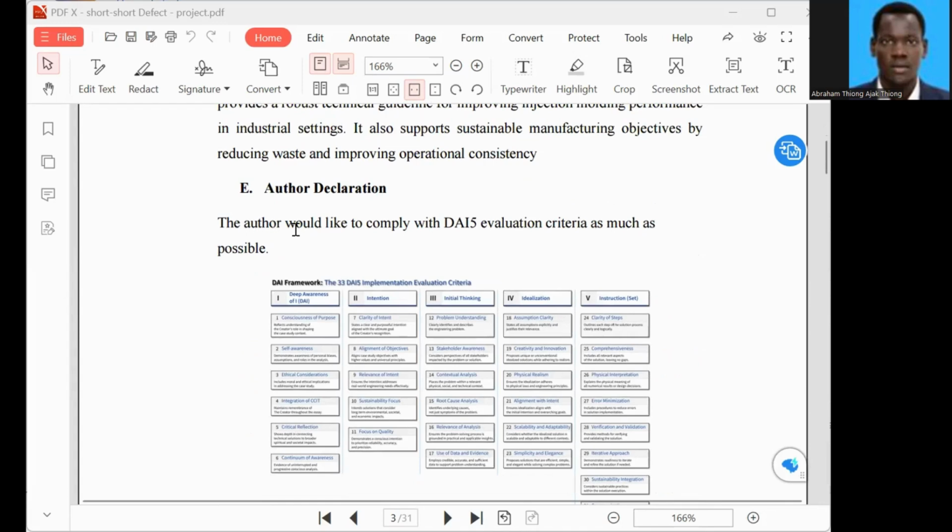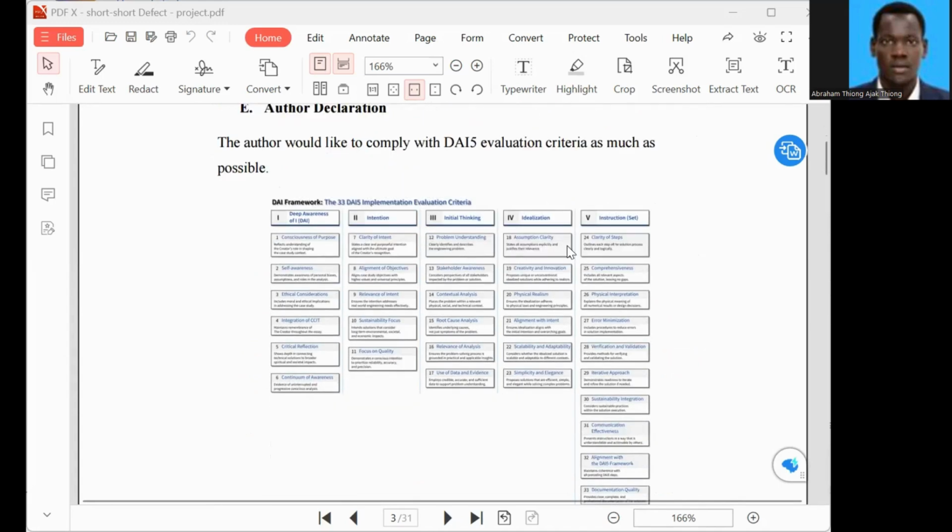The author would like to comply with the I5 evaluation criteria as much as possible. Here is the photo. We have deep awareness, intention, natural thinking, idealizations, and instruction.